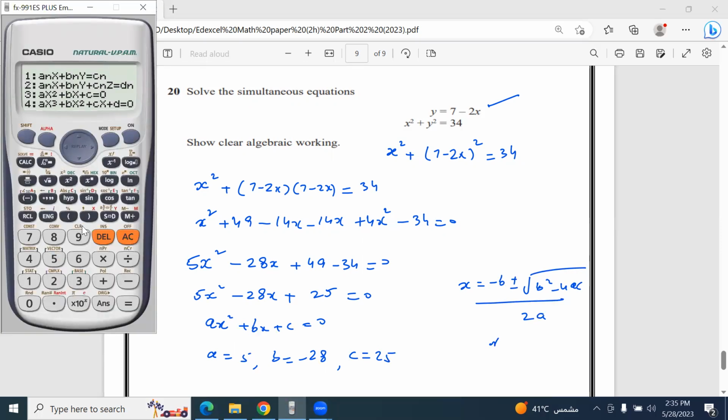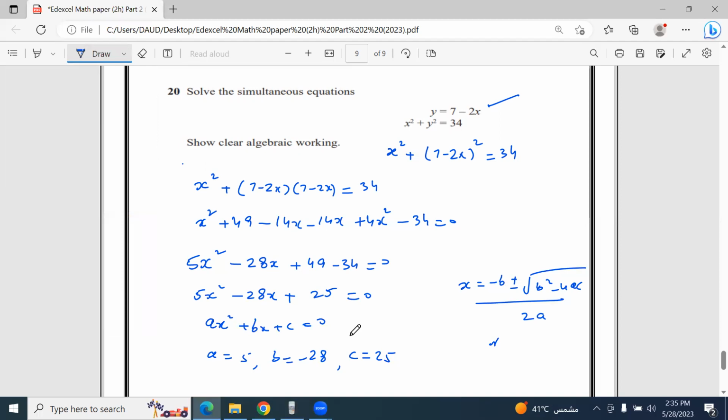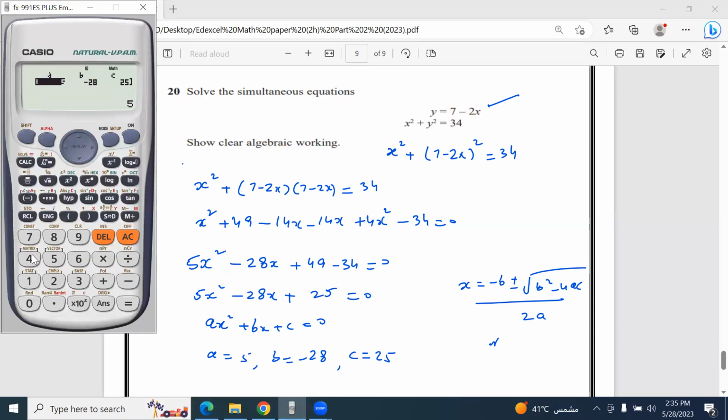One more thing we have to check: 49 minus 34.